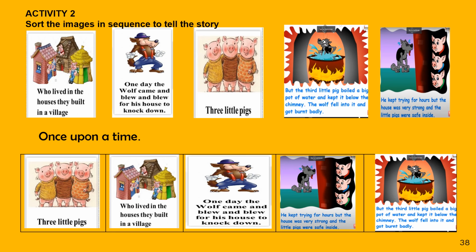But then, the third little pig boiled a big pot of water and kept it below the chimney. Then the wolf fell into it and got burnt badly. Now, do you like the story, children?